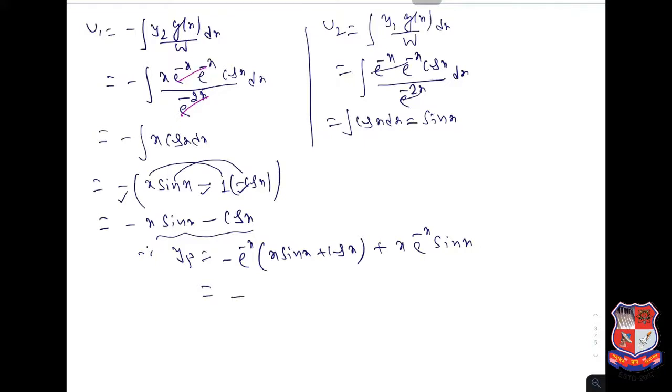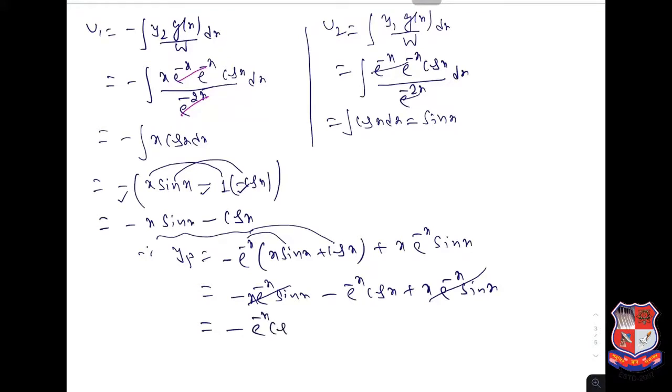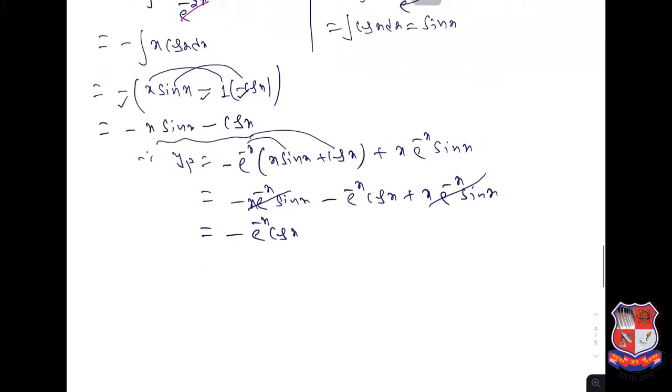yp. Let us simplify. Minus e power minus x, x sine x, minus e power minus x cosine x, and then plus x e power minus x sine x, and these two cancel. So it is minus e power minus x cosine x, and therefore this is the particular integral.